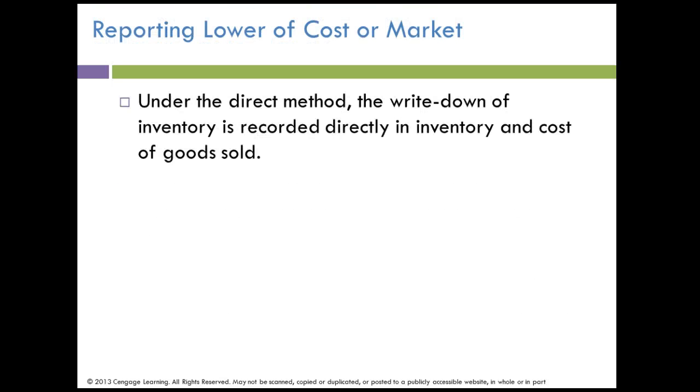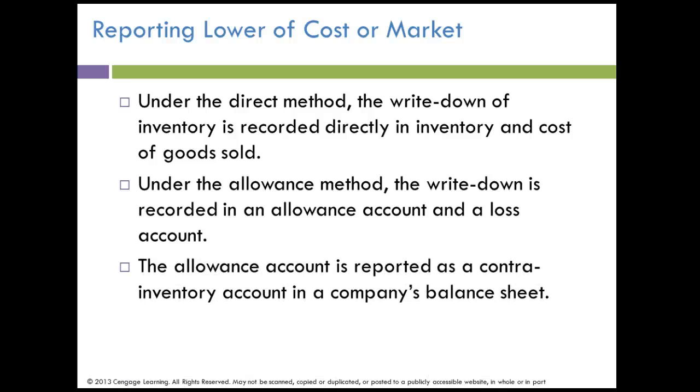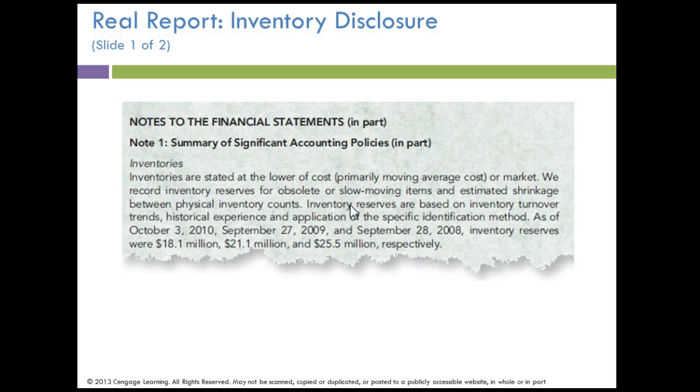So when we do the direct method, it gets put right into reduction of inventory and offset with cost of goods sold. Under the other method, we have to show an allowance and a loss account, kind of like a contra account against the balance sheet.